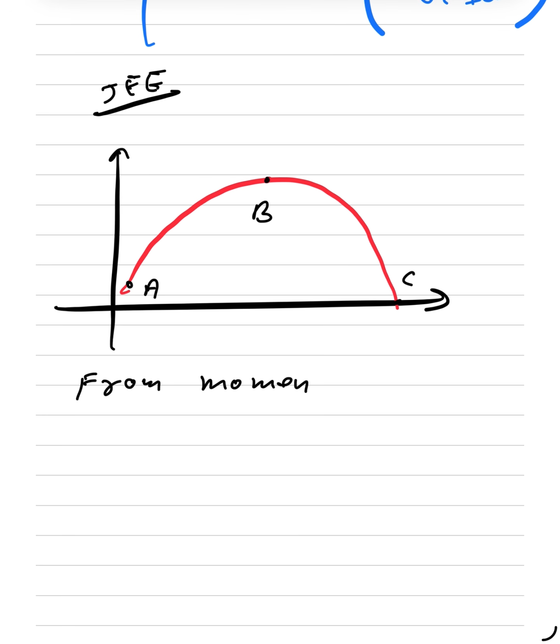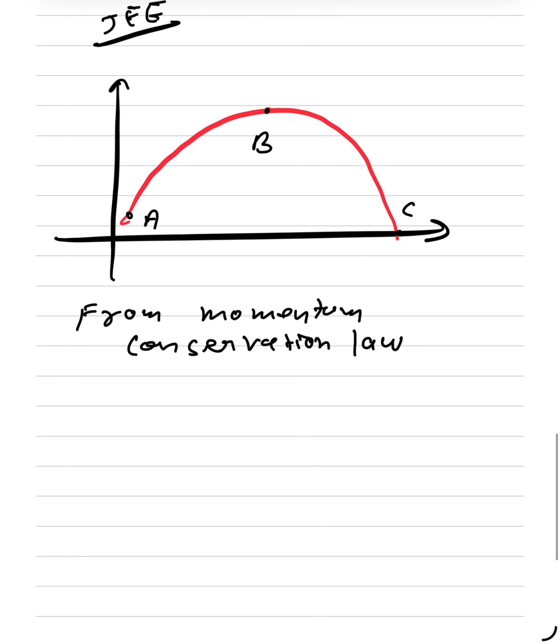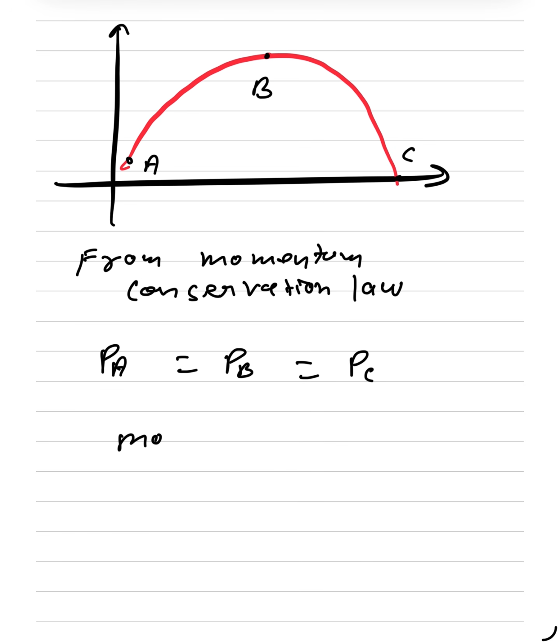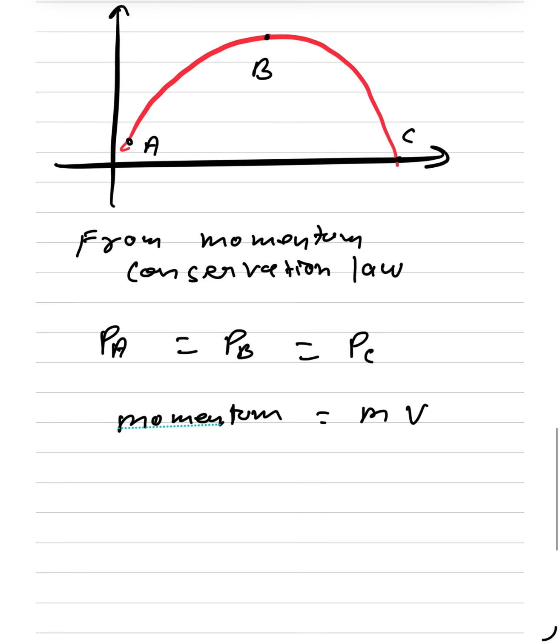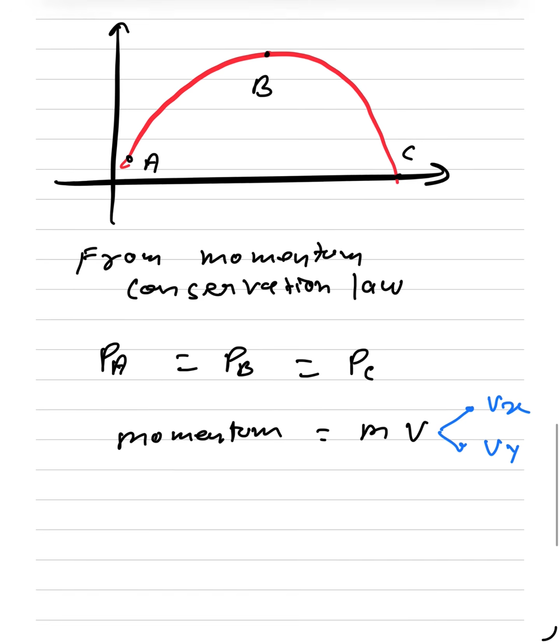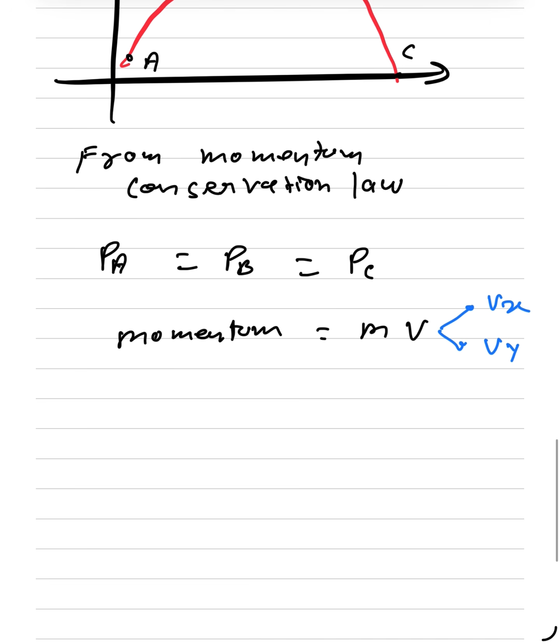From the momentum conservation law, total momentum remains constant, meaning momentum at point A equals momentum at point B equals momentum at point C. Momentum equals mass multiplied by velocity, and here we include both horizontal and vertical velocity, meaning Vx and Vy, right.